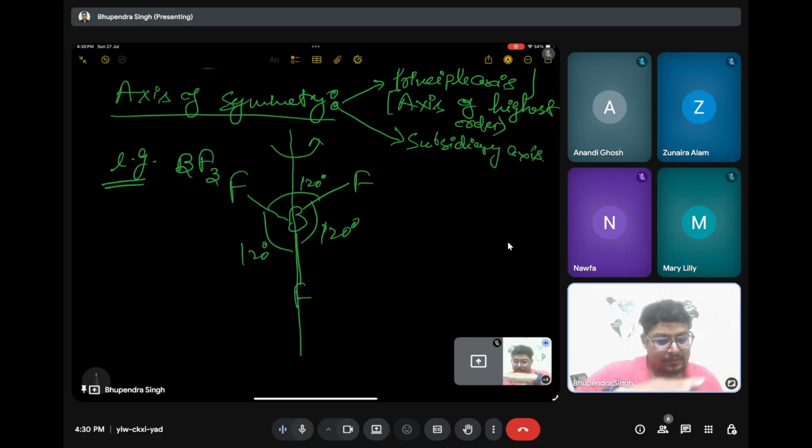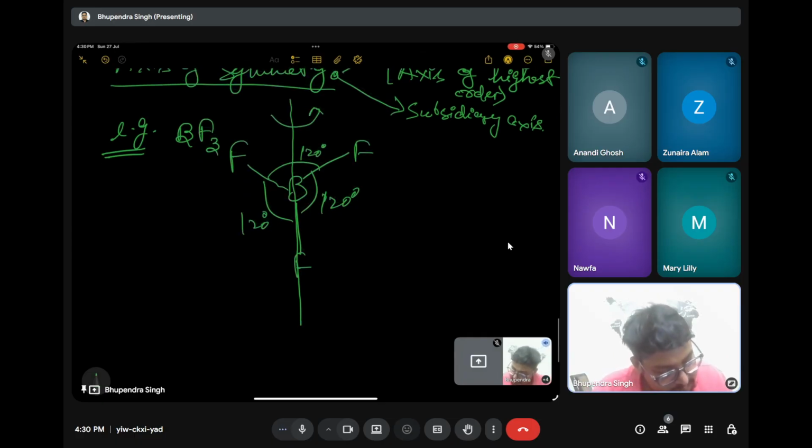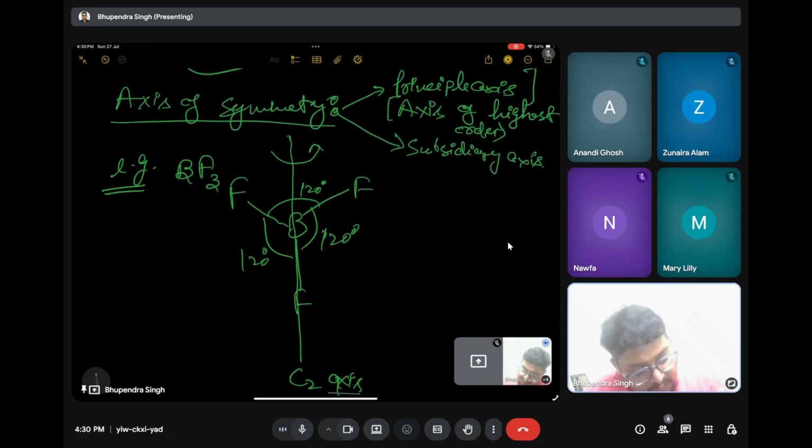If you can imagine, if you rotate it, a C2 axis is present, because this axis is passing through these two atoms, boron and fluorine.